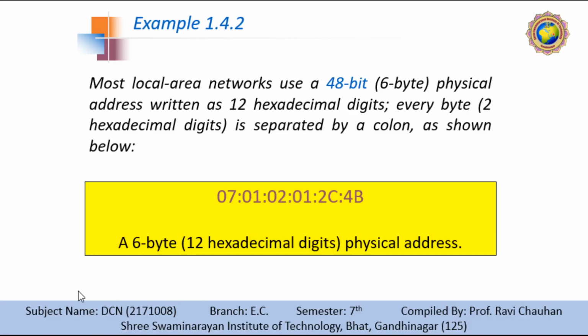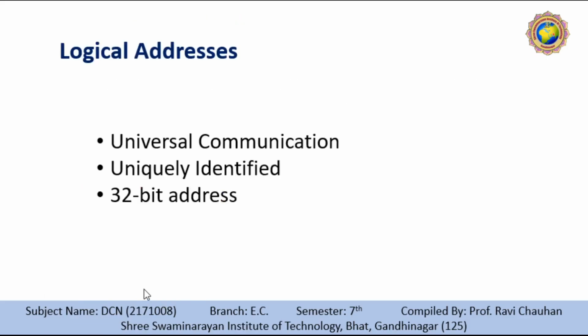Fine. Next is the logical address. So what is a logical address? As we can see, it is an IP address. Logical addresses are necessary for universal communication that is independent of the underlying physical networks.